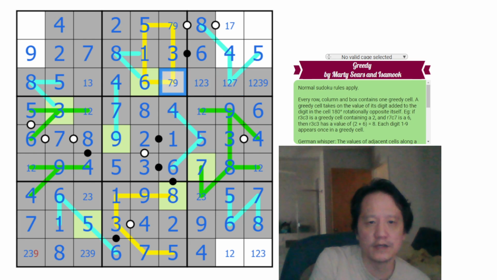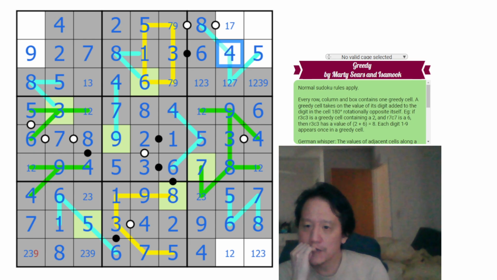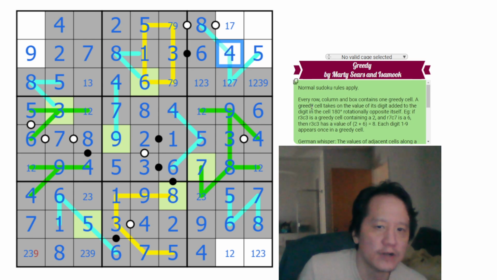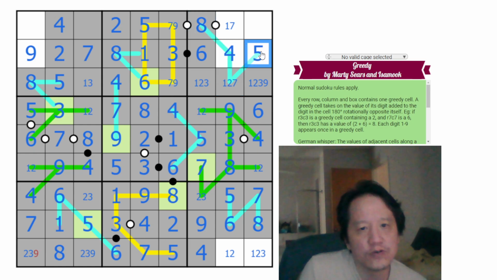7 or 9. So 8 and 4. This has to be greedy, right? If this is not greedy, well, the 5 could be, but that's 12.